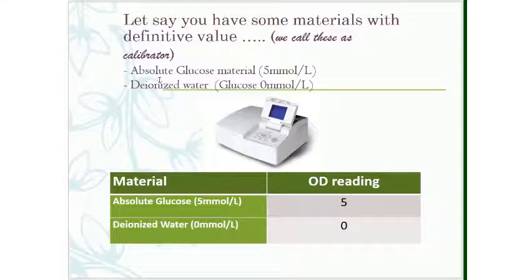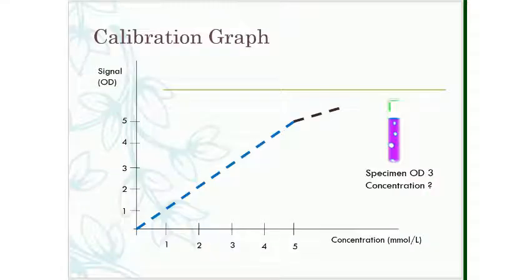Using these materials, we measure using spectrophotometry and the absolute glucose gives an OD reading of 5, and the deionized water an OD reading of 0. So what happens next? We can generate the calibration graph. The y-axis is for the signal of the instrument, the OD, and the x-axis is the concentration.